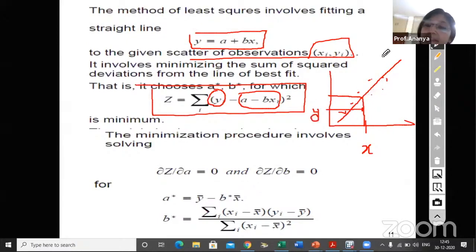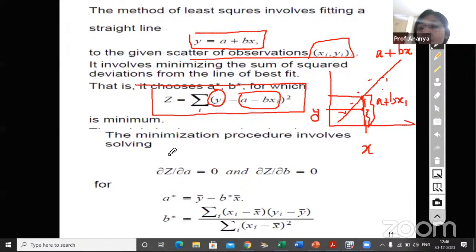So this line is a plus bx. Let's say this is your actual data and here is your point on the line. So this is your a plus bx1. You're minimizing this particular difference for each and every point, adding all of them up, and choosing the line of best fit.